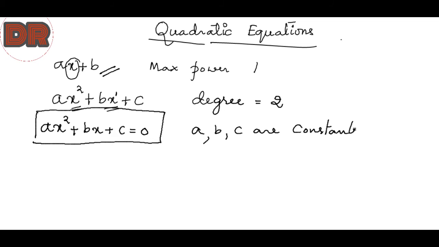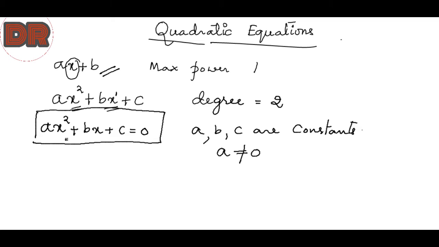a, b, c are constants, and a is not equal to 0. a cannot be equal to 0. If a is equal to 0, what happens? The first term becomes 0, then the maximum power of the variable becomes 1, and this becomes a linear equation.